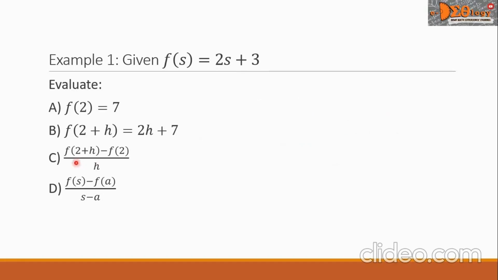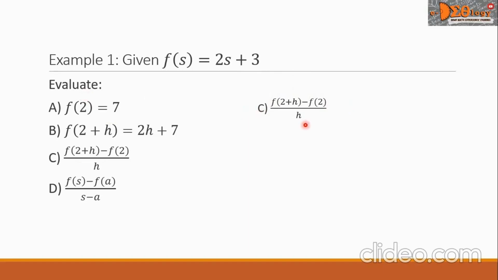Then let's go to letter C. Let us simplify the fraction. The numerator is f of 2 plus h minus f of 2, all over h. I hope you notice that the first function here is our function b, and the second function f of 2 is our first function a, and all over the h.